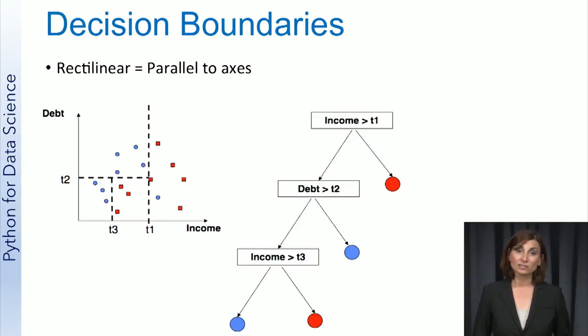You may have noticed that the decision boundaries of a decision tree are parallel to the axes formed by the variables. This is referred to as being rectilinear. The boundaries are rectilinear because each split considers only a single variable.